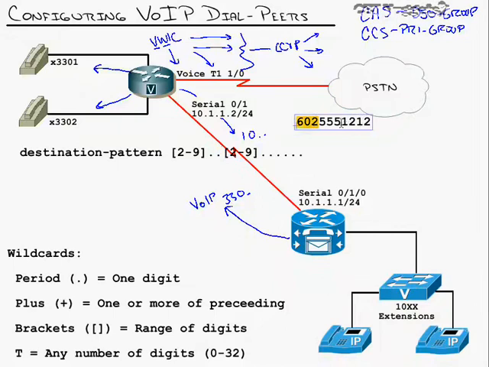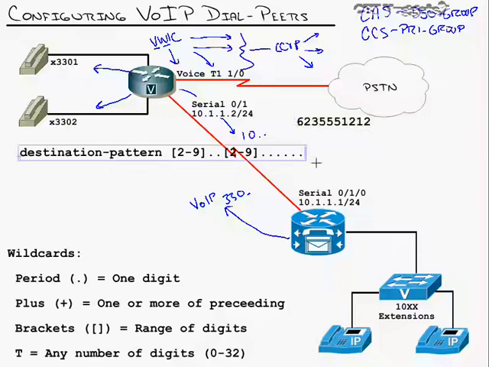And then the next 3 digits, that's 2 through 9 ... matches the prefix. Then the last 4 digits can be anything. 1212 matches these last 4 dots right here. So that would be the local 10-digit dialing, within the area. I'm in Arizona, so we have 602, we have 480 as a local area code, we have 623. Any of these are considered local area code, as in there's no toll charges.